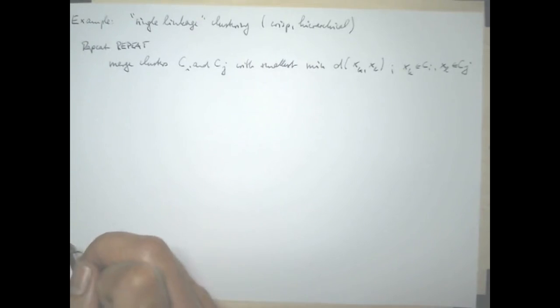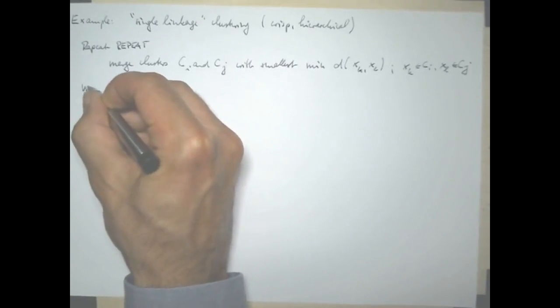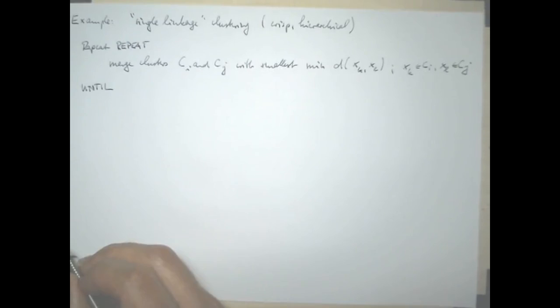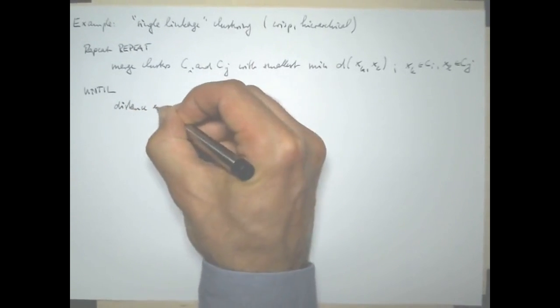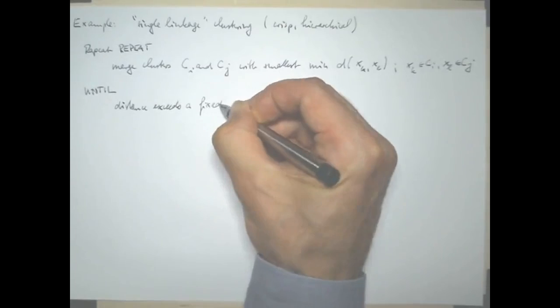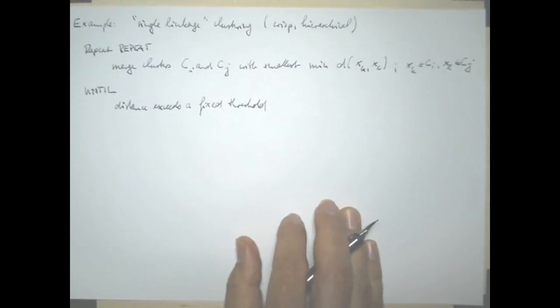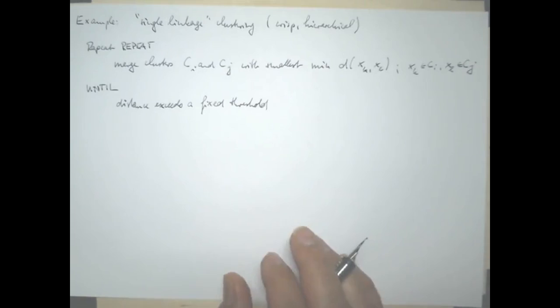And we keep doing that either until this distance exceeds a fixed threshold, then it is really called the single linkage algorithm, or until a single cluster remains.